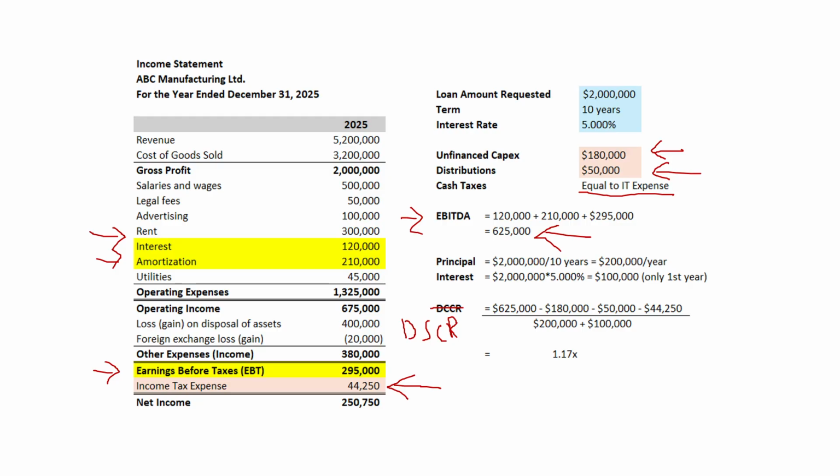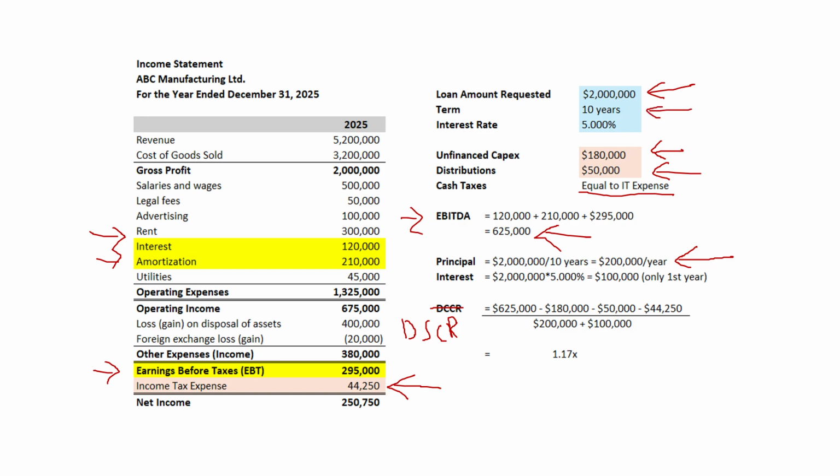So the only thing left to figure out based on the formula that we just covered is the denominator, which comprises the principal and interest for the debt obligations. To calculate principal, I want to draw your attention to this line here. You know how they're asking for a $2 million loan and they want a term of 10 years.